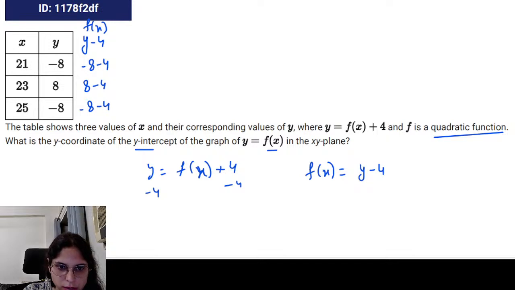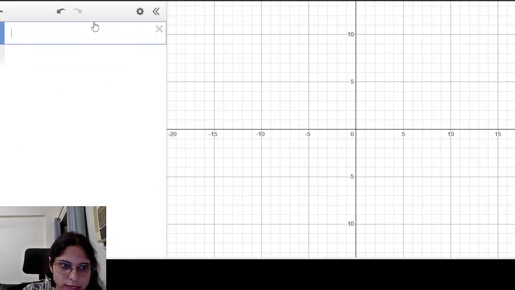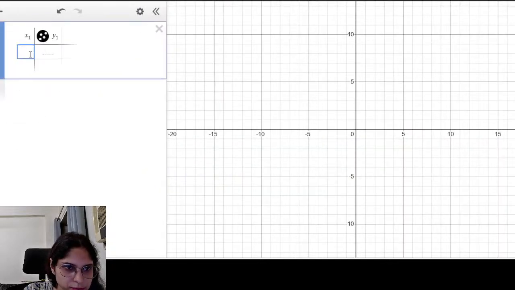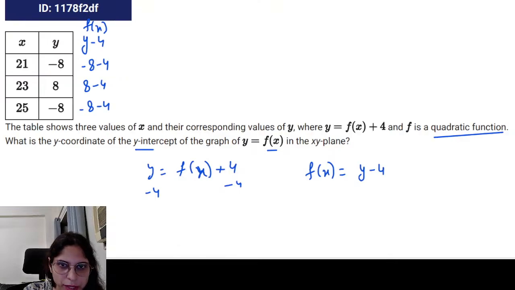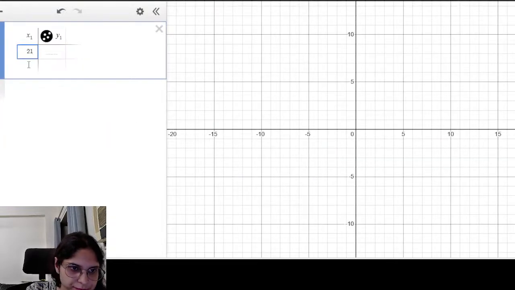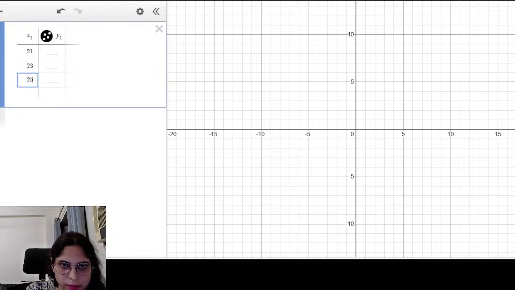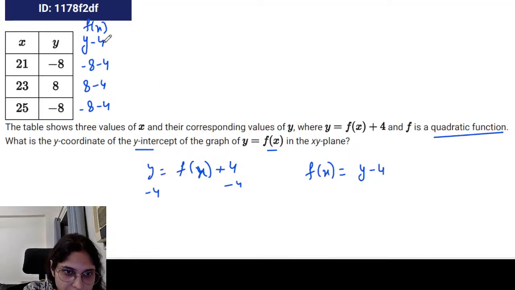And now you just go, 3 different points are given to you. So you write the table 21, 23, 25. And now f of x values are y minus 4, negative 8 minus 4 for each.